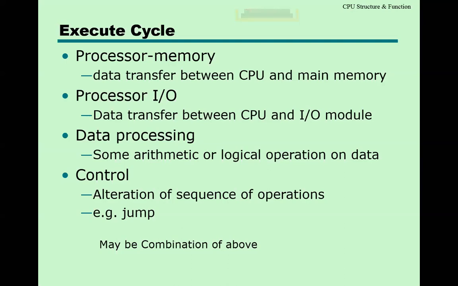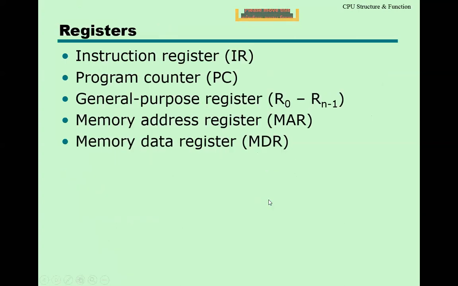Or maybe a combination of different types of operation, like data movement between the processor and memory, between memory and input output, or after data processing, again data movement between processor, memory and input output. And at the same time there are different types of control operations. So we can say these different types of operation will be performed in execution.